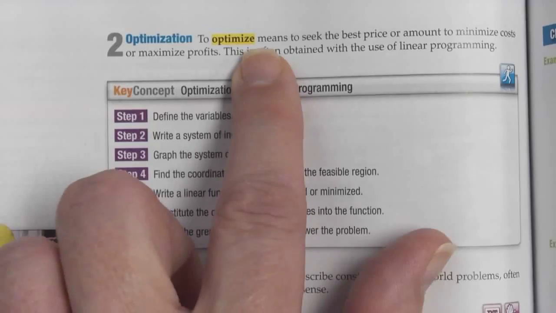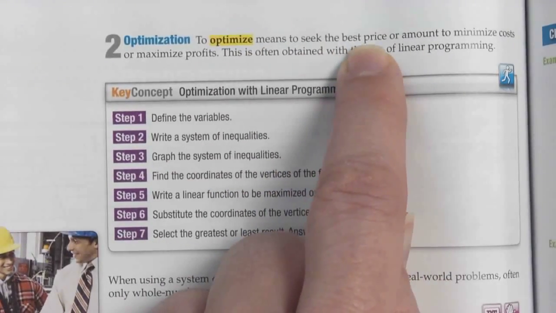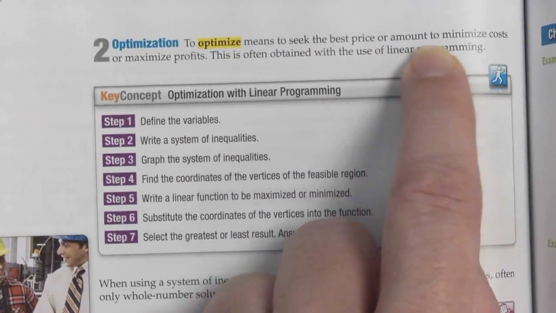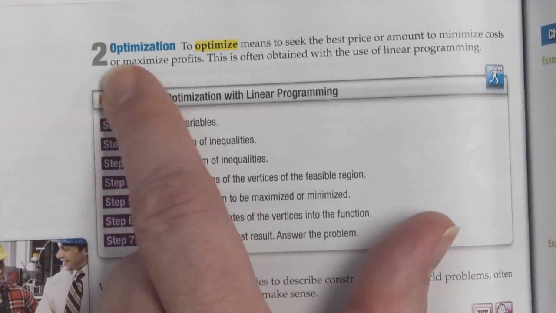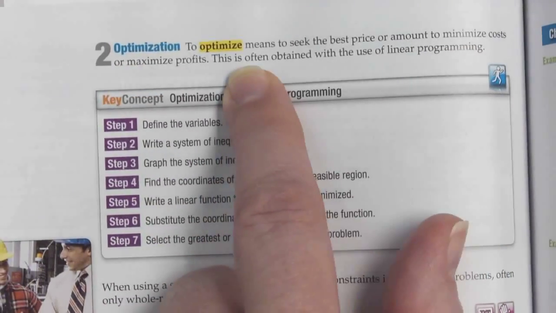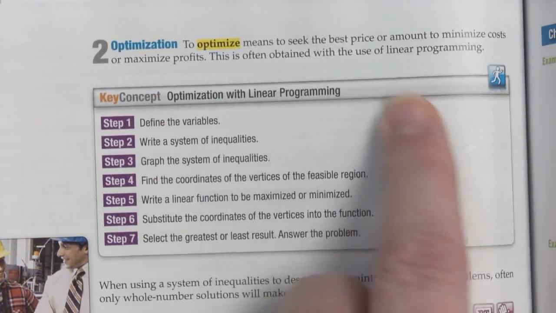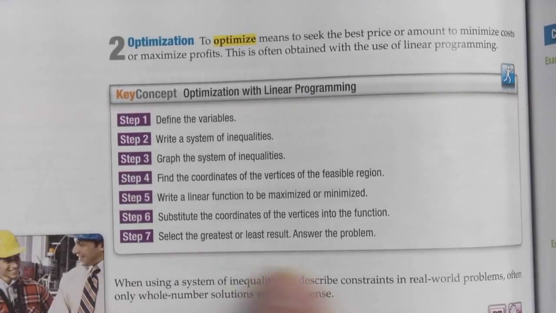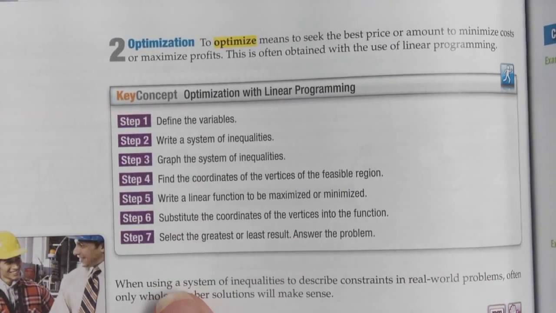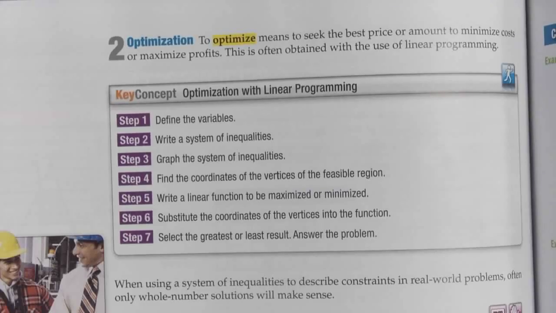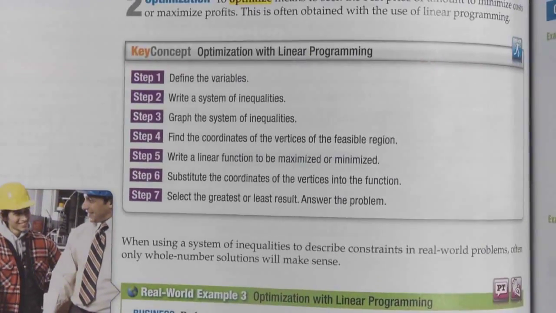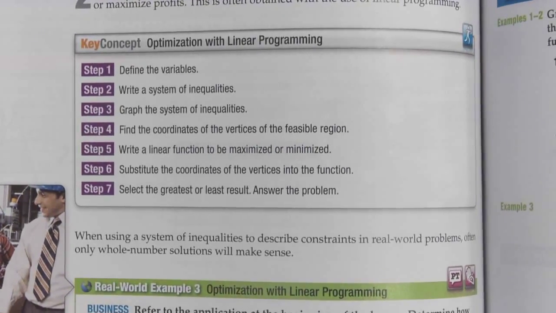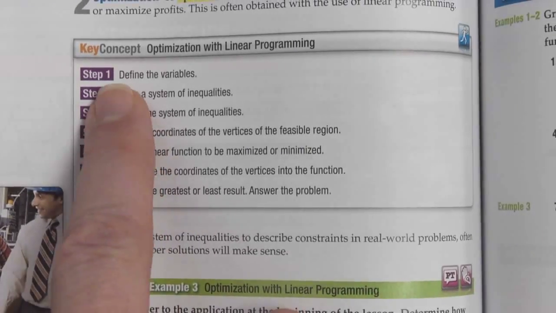Okay, to optimize means to seek the best price or amount to minimize costs or maximize profits. This is often obtained with the use of linear programming. So this would be nice to have on a card, maybe with an example, so you can refer back easily.